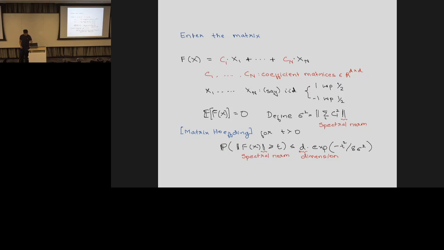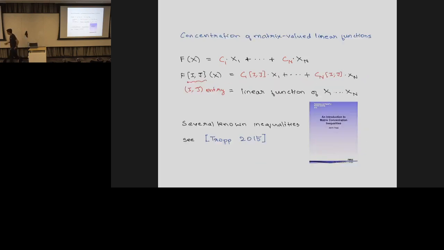Well, in general, a lot is known when you are trying to look at this sort of expression. So recall the expression we had: x1 to xn are scalar, or even Rademacher, variables, and then you have matrices. So if you look at a single entry of this matrix, using this notation, square bracket indices denoting the entry I'm looking at, it's a linear function of these variables.